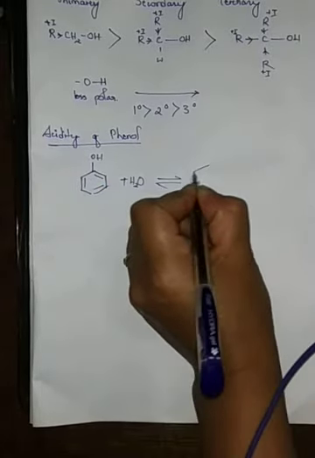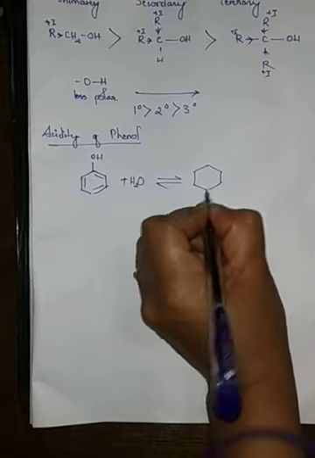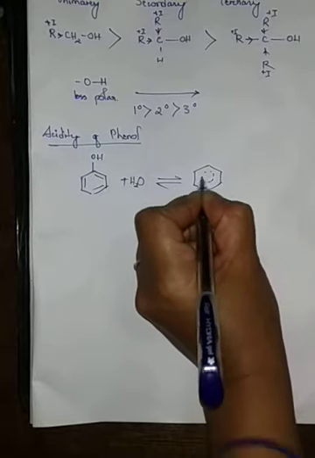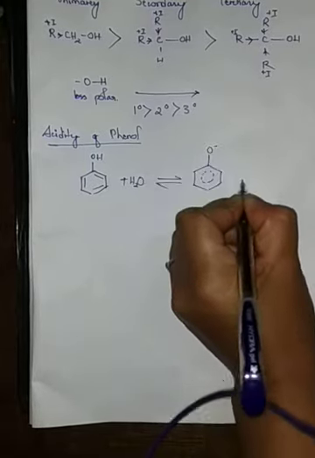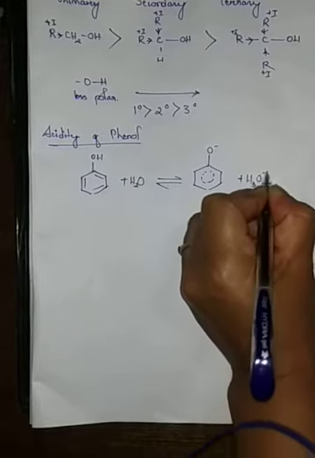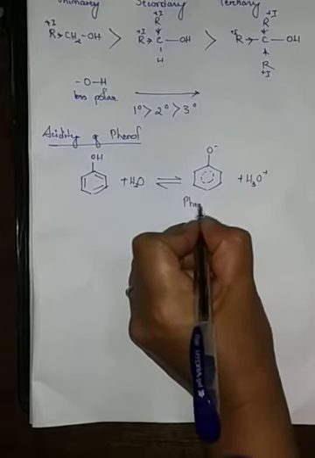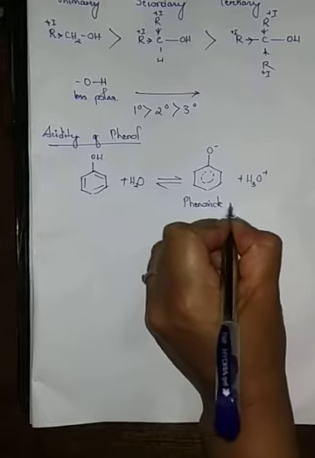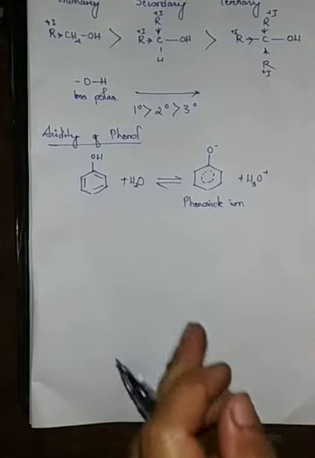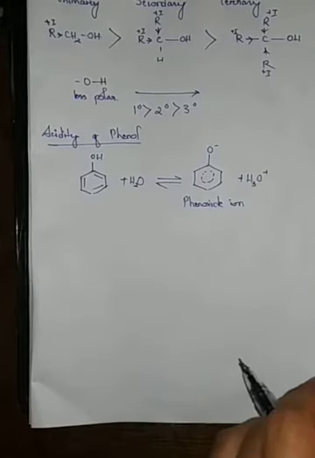This is the ionization of our phenol. It ionizes easily into a phenoxide ion. Because of that, phenol is considered a weak acid.